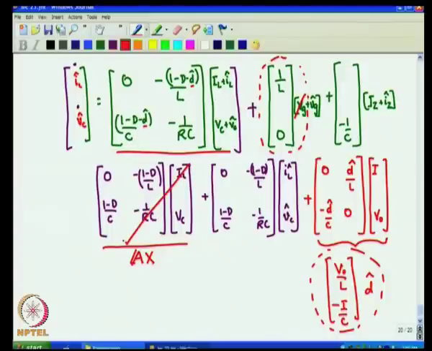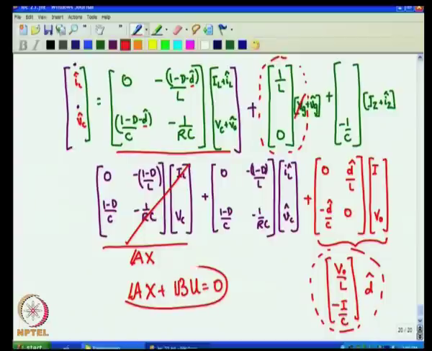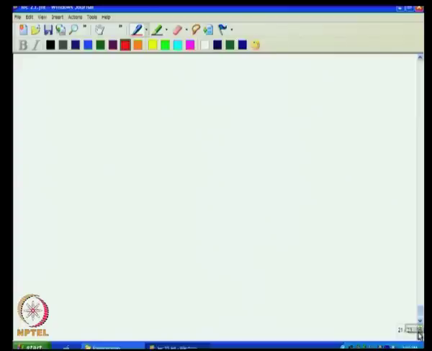And this part is set equal to 0, because the steady state parts are equal to 0, because AX plus BU equal to 0. So, therefore, this part and this VG into 1 by L 0 matrix can be eliminated.